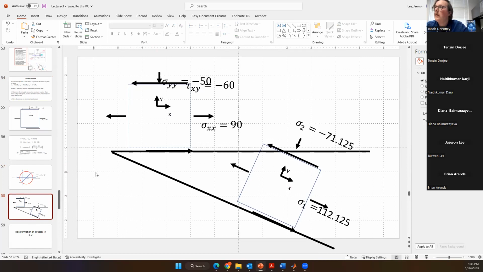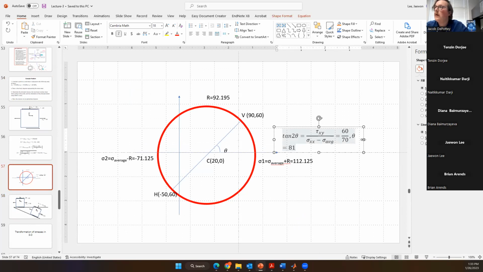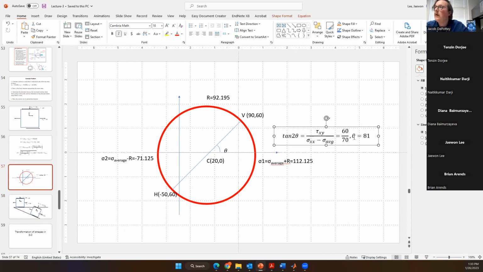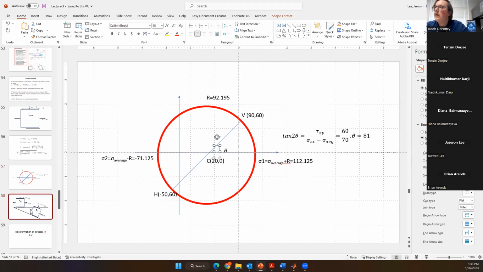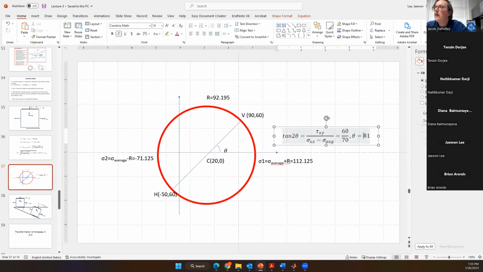Here's a setup. It's just 81. 81 is too large than I expected, but anyway, please recalculate this one.